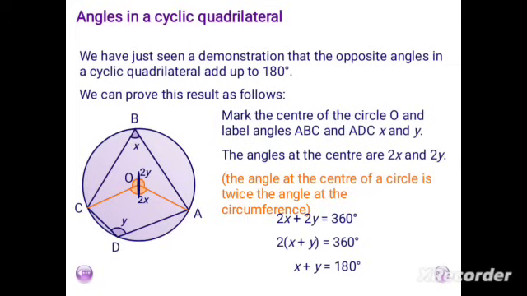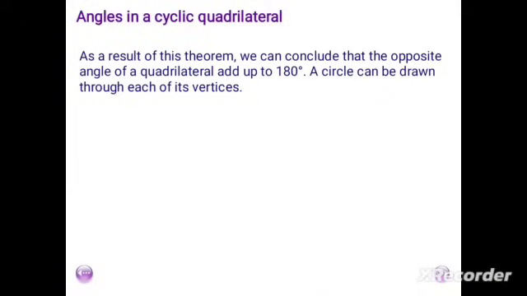And so that is the concept of angles in a cyclic quadrilateral. We can also say that because of this theorem, we can conclude that the opposite angles of a quadrilateral add up to 180 degrees, and a circle can be drawn through each of its vertices.